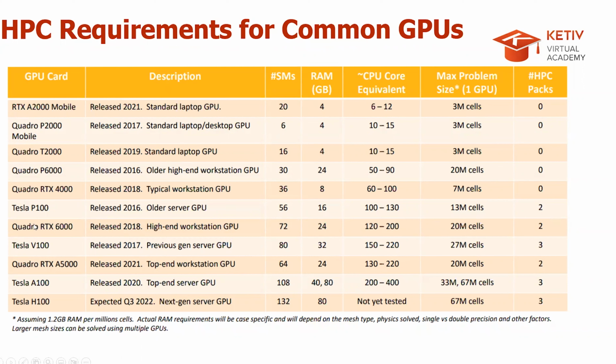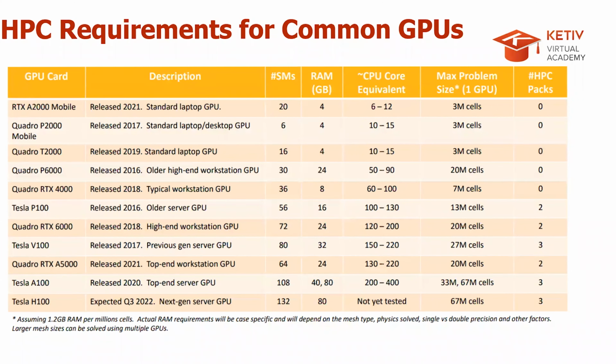You may not want to invest in something that is overkill for the type of CFD simulation you're trying to solve. If you have something that is roughly 10 million cells, maybe you can get away with a Quadro P6000 and then just use your CFD enterprise licensing without purchasing additional HPC.